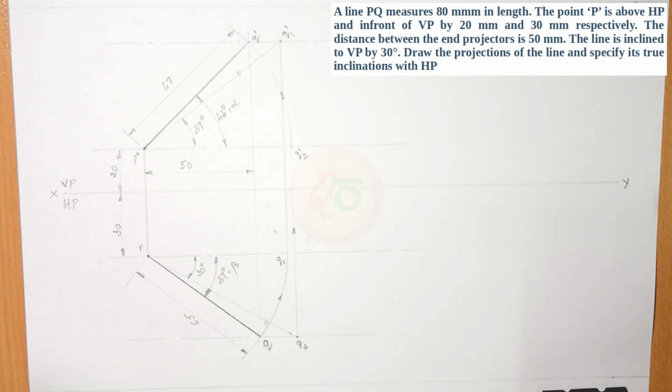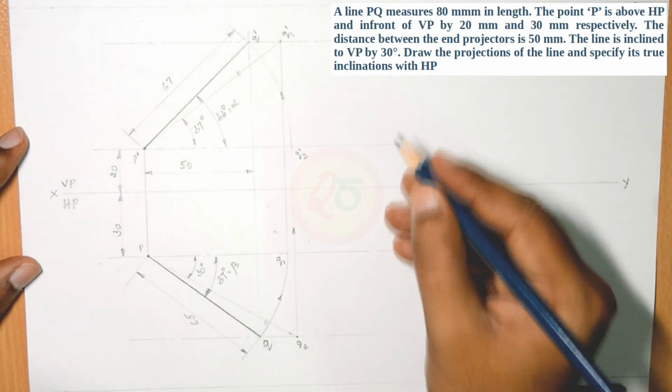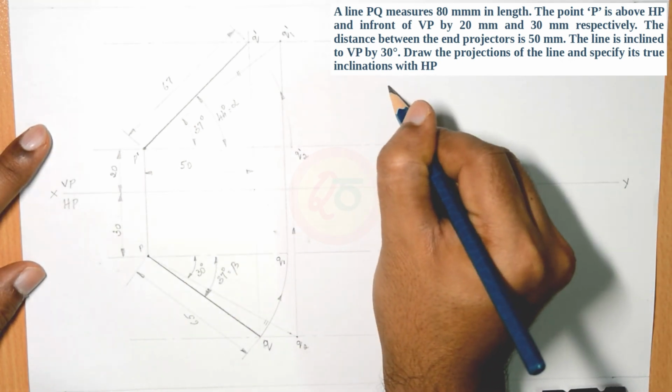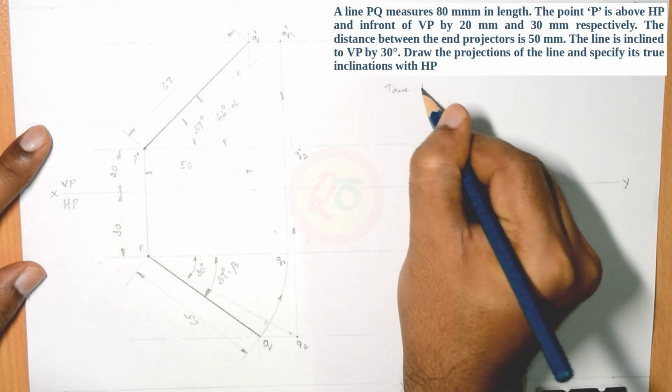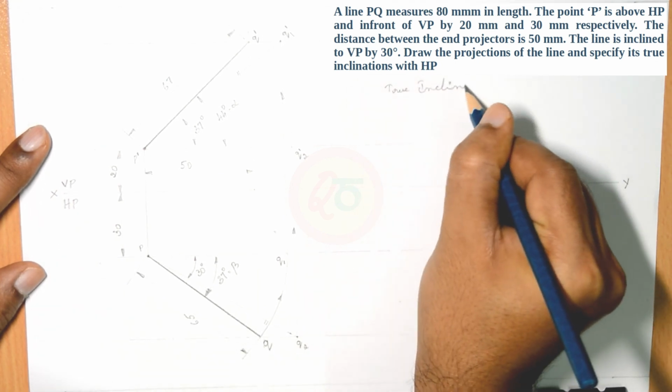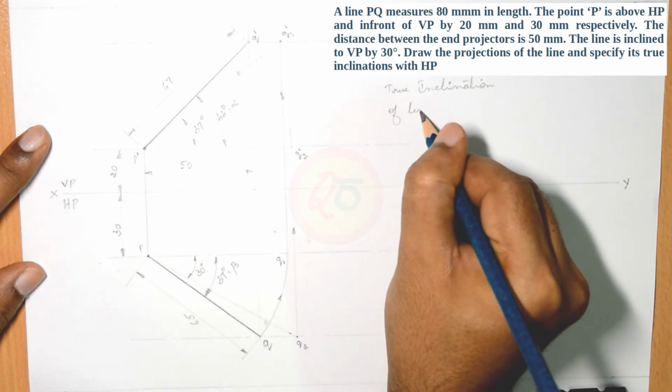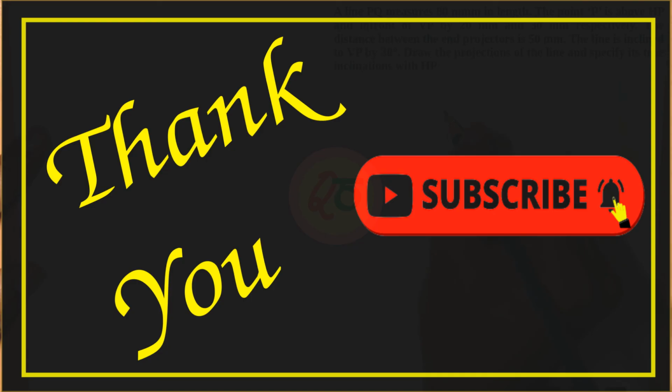So as per the question asked, the true inclination of the line with HP is equal to 37 degrees. This completes the solution for the second numerical on projection of lines.